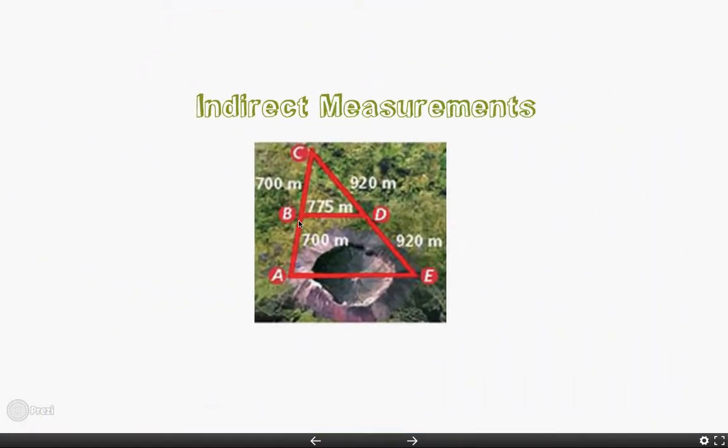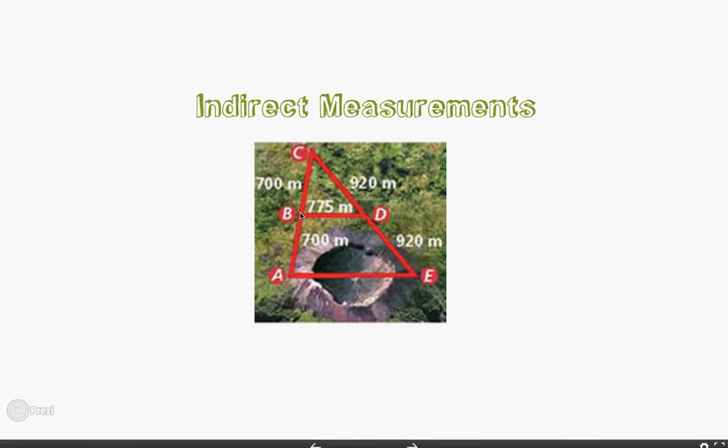This is a midsegment, which we know because these two segments are 920 meters, which means they're congruent, which means that D is the midpoint. It's connecting two midpoints, and we know that this is a midpoint because both of these are 700. So what side of the triangle is the midsegment BD parallel to?